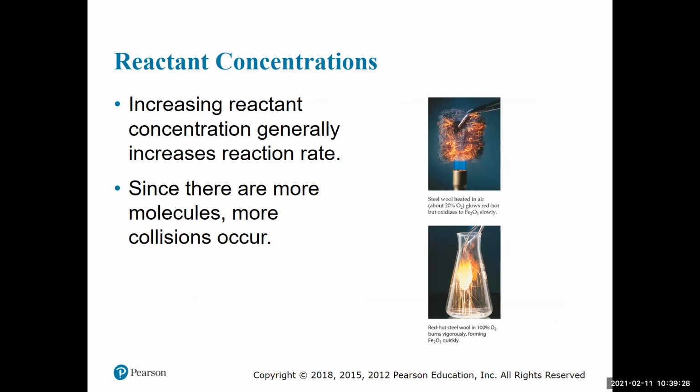If you have more concentrated reactants, that means you have more of those reactant molecules in your container. And as they're moving about, there's a greater chance that they'll have a collision. Once again, you need those collisions in order for a reaction to occur. So typically, increased concentration of the reactants means increased reaction rate.